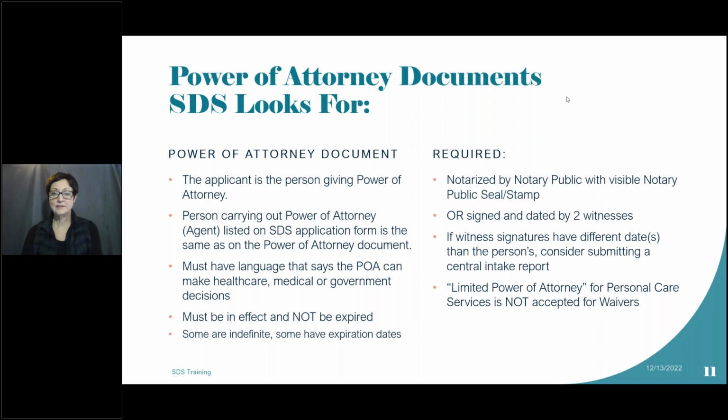Also, it needs to be notarized by a notary public with a visible notary public seal or stamp. Again, it needs to be the whole entire document. I didn't list that here, but if we get a partial document without the signature or without the stamp part, then that's not going to work.